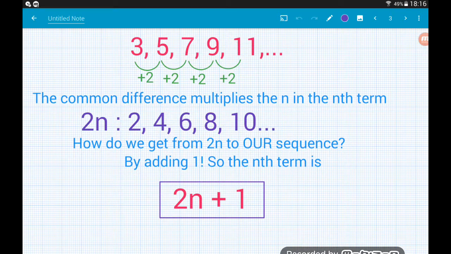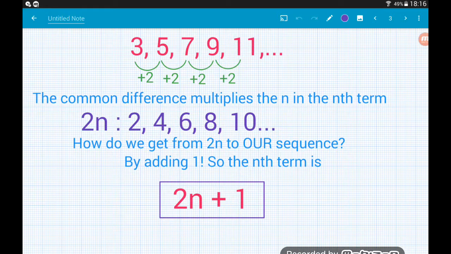Now it's quite nice maths this because it allows you to check your answer. Let's use our sequence and the nth term to check that we're right. For the first term of 2n plus 1, we would do 2 times 1, which is 2, add 1 is 3. Happy days, that's our first term in our sequence.